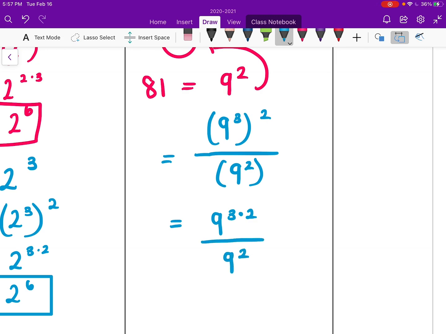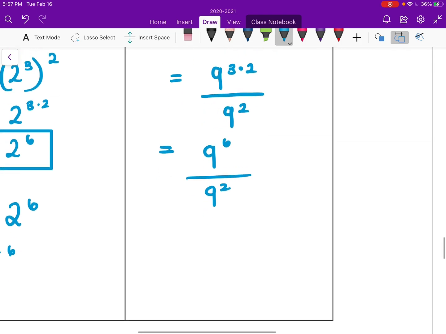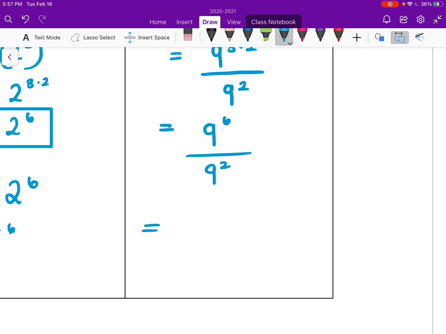And then 9 squared. So I'm left with 9 to the power of 6 over 9 squared. And now I'm left with the division law, which says you take the exponent of the numerator and subtract the denominator. So 6 minus 2. So I'm left with 9 to the power of 4. And that is my answer.